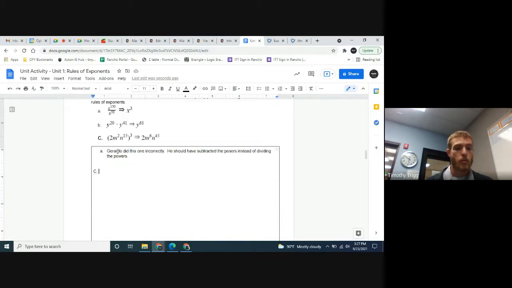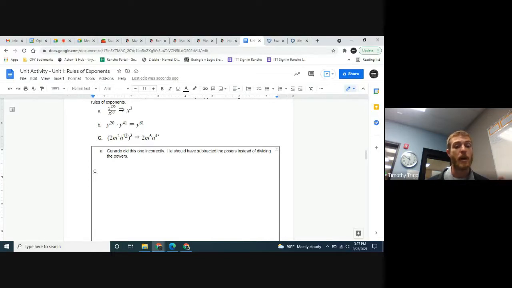For this one, we have 2m squared, n to the 15th, and then this whole thing to the power of 3. So what this means is that everything in the parentheses is going to get to the power of 3. So the answer should have 2 to the power of 3, m to the power of 6, and the reason why is because when you have power to a power, you should multiply those powers.